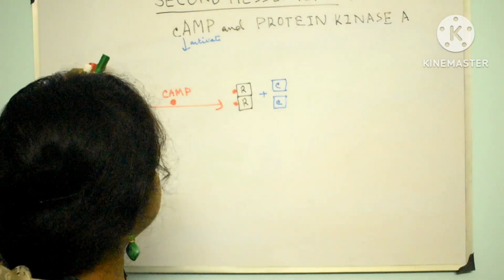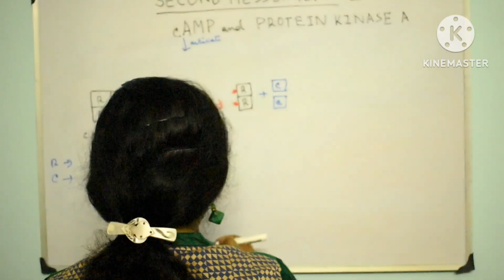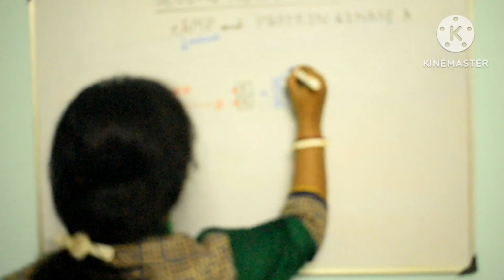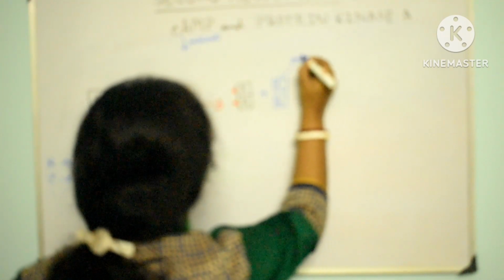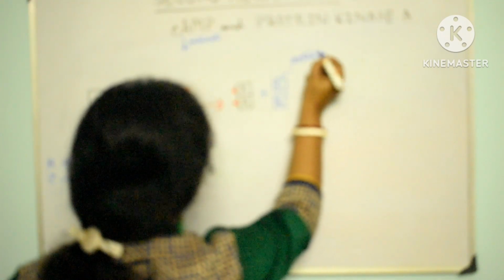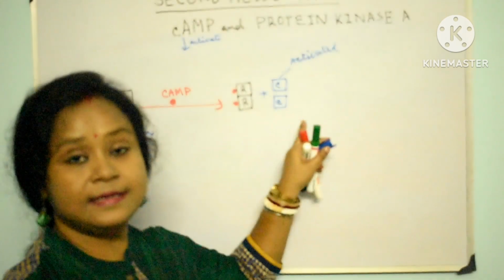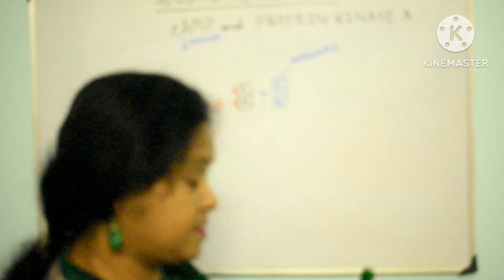This was the inactive state and this is now the active state. This is the activated catalytic subunit of protein kinase A. Write all of these things.